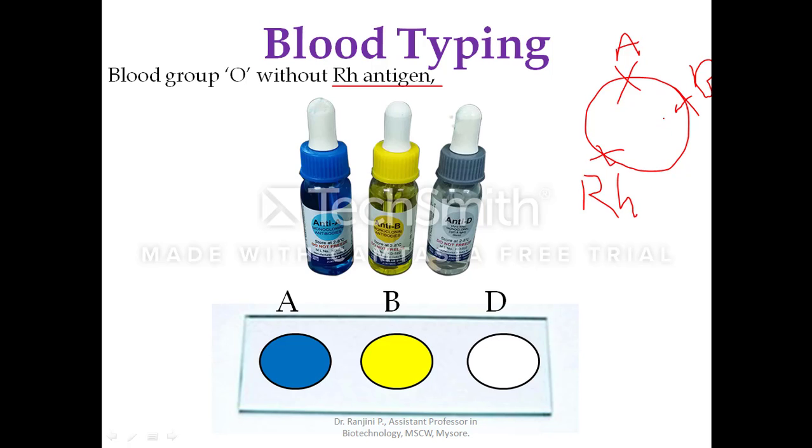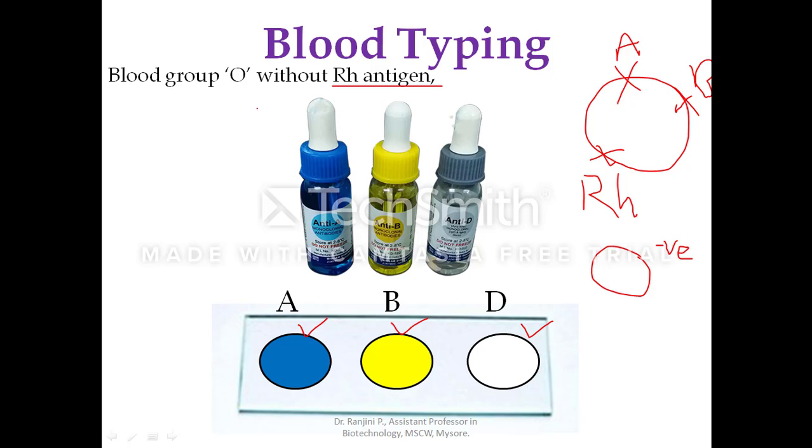But in the blood serum you will find anti-A and anti-B antibodies, and this individual will not show agglutination in the circles labeled A, B or D. Such individuals are considered O negative. Their blood group is considered O negative.